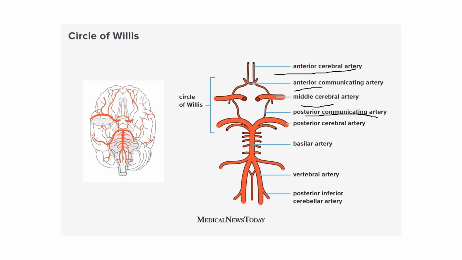These all are the branches of the internal carotid artery. And the two main branches of this internal carotid artery, which are not shown in this diagram, are the ophthalmic artery and the anterior choroidal artery.